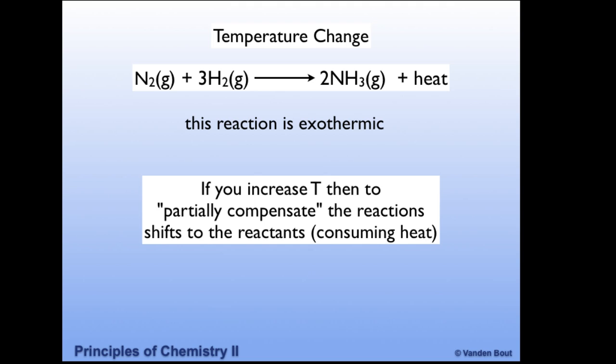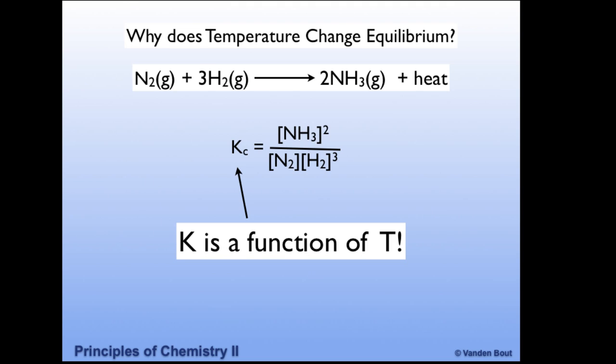Now this isn't exactly the way we should think about it because we're not actually adding any products. Previously, when we changed concentrations, the effect was that we were shifting to a new equilibrium because the mass action expression Q was no longer equal to the value that it had at a particular temperature, K. What is changing here? The thing that's changing here is the equilibrium constant itself.